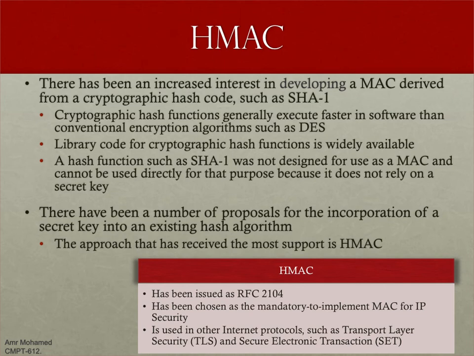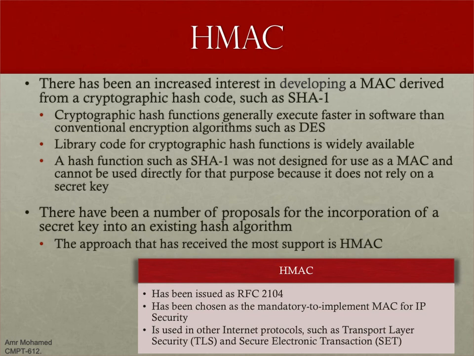So cryptographic hash functions generally execute much faster in software compared to DES and triple DES. And that's a fact. Especially DES, as we have discussed before, has to be done in hardware, based on the fact that it's based on bit level operations, and that makes it more suitable for hardware implementations.